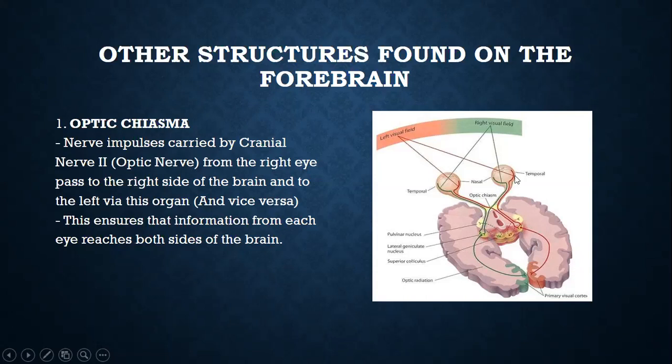So if this is the right eye, this is the right visual field. So the information will go to the left side, and on the left visual field, it goes to the right side. And you have here, actually the primary visual cortex is at the back, caudal.